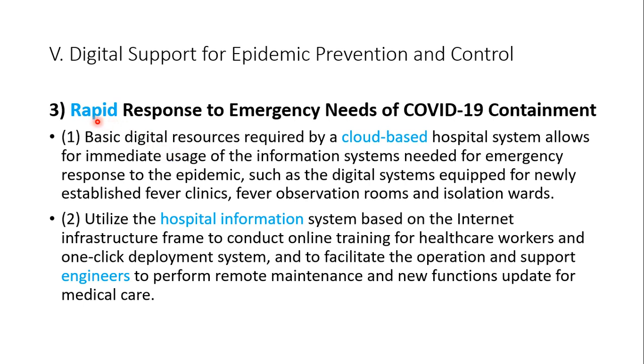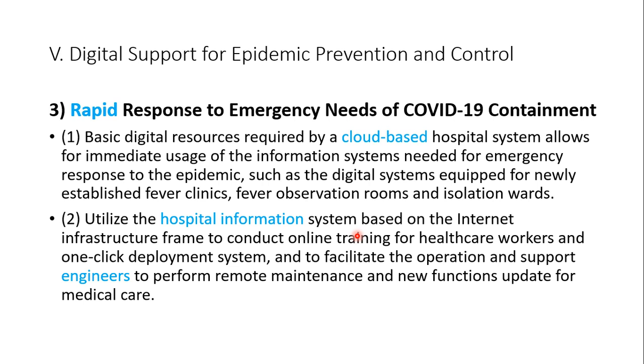Last but not least, rapid response to emergency needs for COVID-19. Basic digital resources required by a cloud-based hospital system allow for immediate usage of the information systems needed for emergency response to the epidemic, such as the digital system equipped for newly established fever clinics, fever observation rooms, and isolation wards.